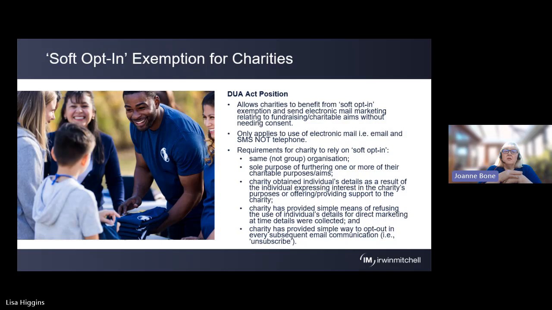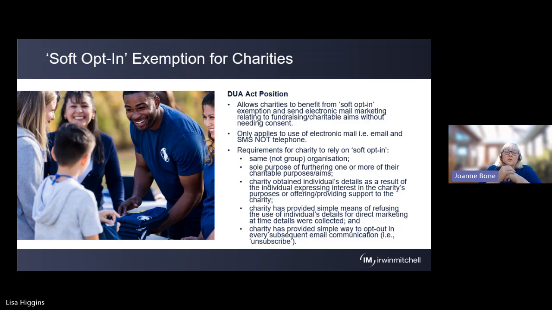And you'll see from the slide that if you want to use it, it is essentially an opt-out and can be used where you are promoting an organisation, not a group of organisations, that somebody's had some contact with. There's got to have been some level of engagement. So if there's been engagement by an individual, that organisation can use it. It's got to be for the purposes of furthering aims of the charity or fundraising.